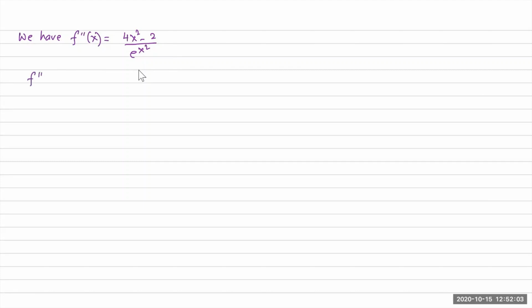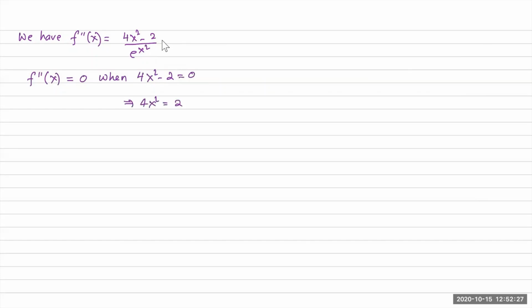Now, let's see, f double prime of x, that is the second derivative, is 0 when, this is a fraction, so it will be 0 when the numerator is 0. That is when 4x squared minus 2 equal to 0. Let's solve this.